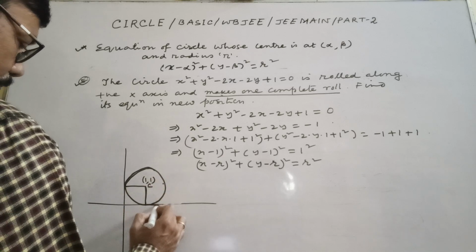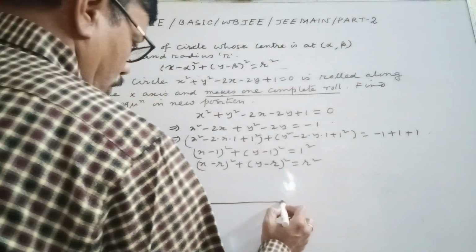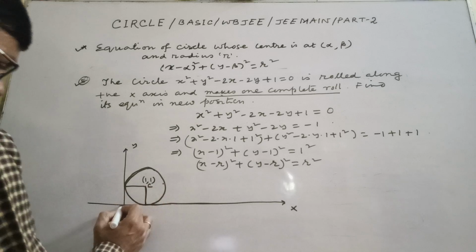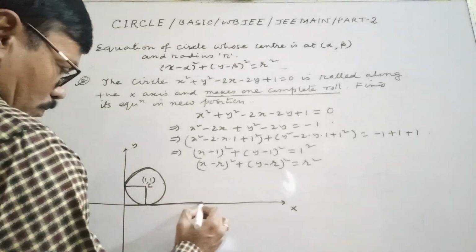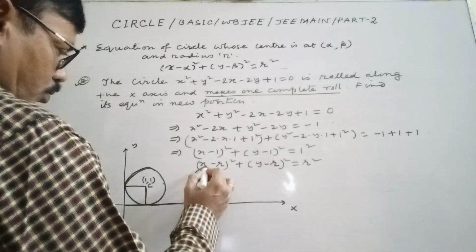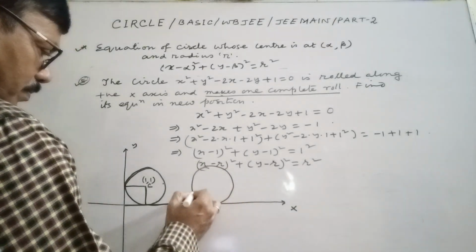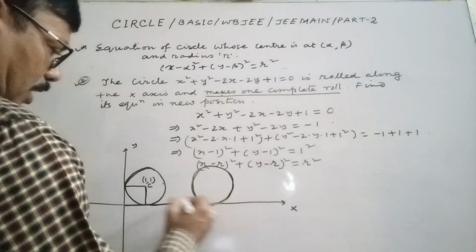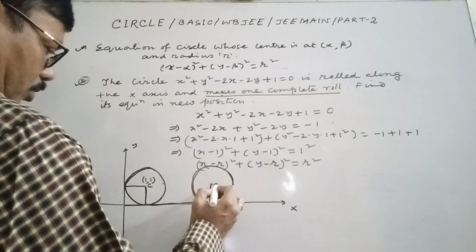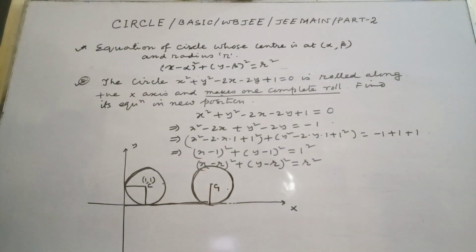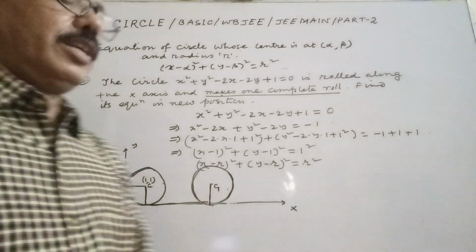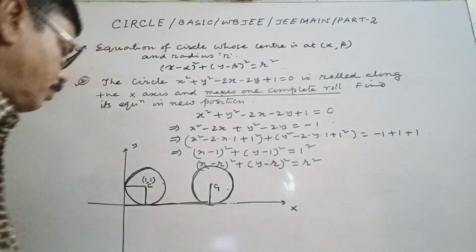This is C. This is the positive x-axis. It is rolled along the positive x-axis for one complete roll. So suppose this is the position of the circle after the complete roll. So this is, suppose, C1. Now the radius is the same, so you have to find its new center.